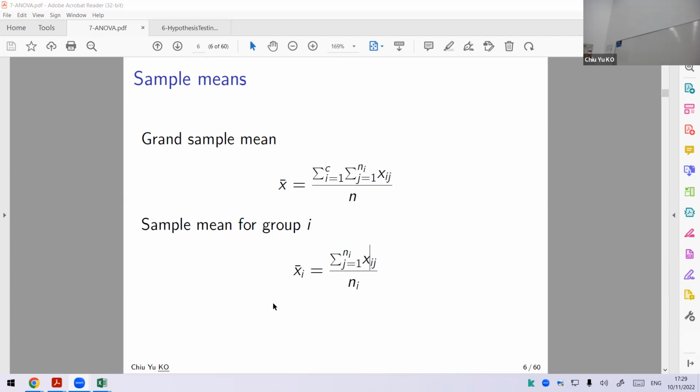For example, mu1 is 10, mu2 is 20, mu3 is 30, then mu and mu1 and alpha 1.